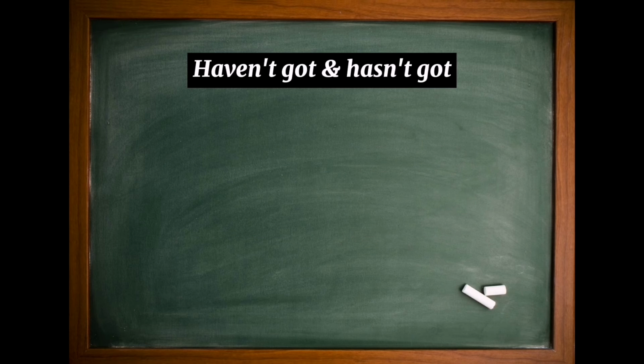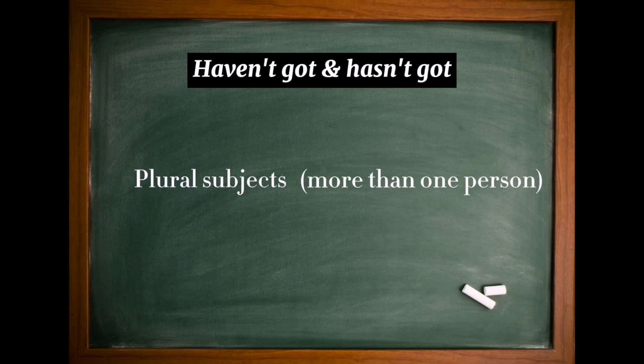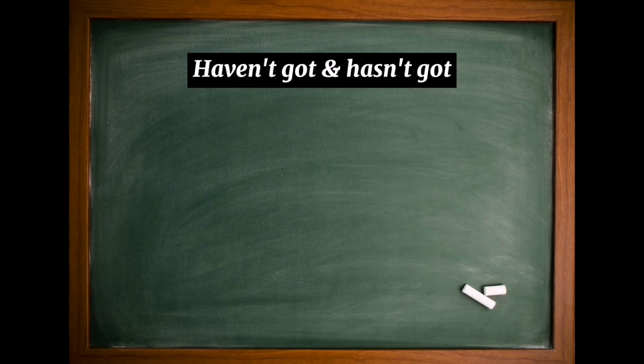Next, let's see the second group of subject, which is plural subjects. Plural subject refers to more than one person. Let's see what are all the plural subjects that we have. Firstly, we. We refers to one or more people.